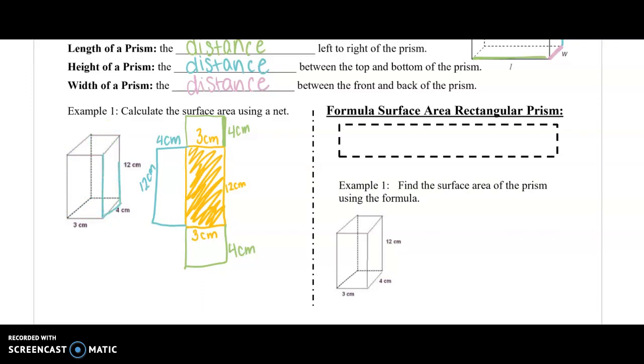Then I have this side on the other one, right here, again 4 centimeters by 12 centimeters. And then I have this front one, that would be my last one, 4 centimeters by 12 centimeters.